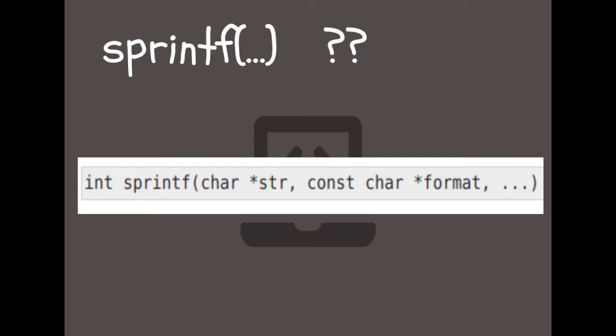Then the next is the additional argument, this triple dot. Depending on the format string, like %d and %s used in the second section, the function may accept a sequence of additional arguments. So we can add variables by naming them here in the third section.